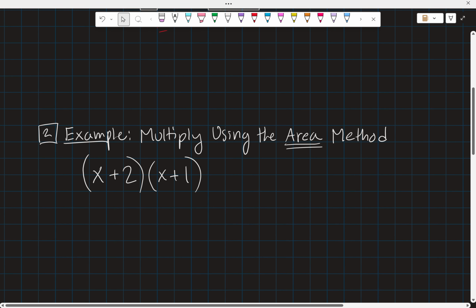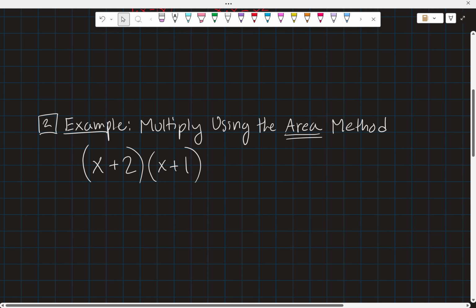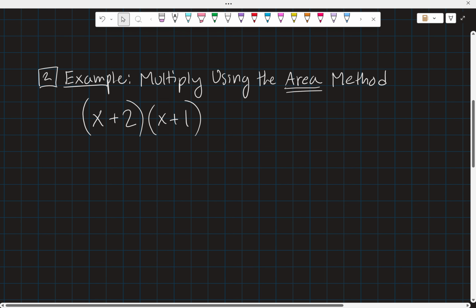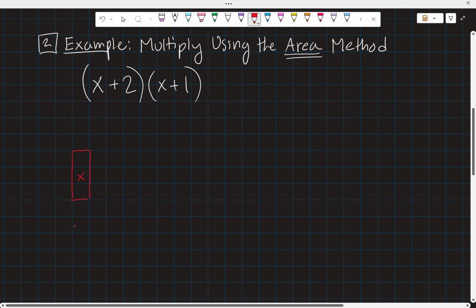So moving on, we're going to solve an example using the area method. Here we have x plus 2 times x plus 1. How are we going to solve that using area tiles? Well, first of all, we have our x plus 2 expression, which can be represented with an x tile and 2 unit tiles.